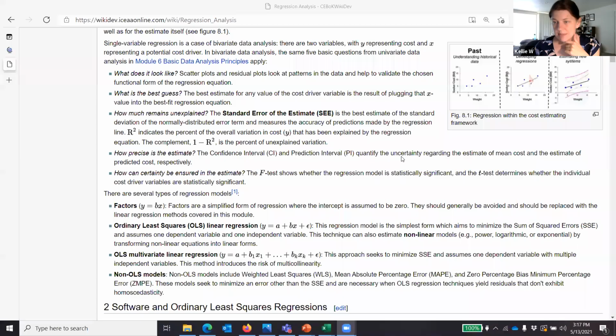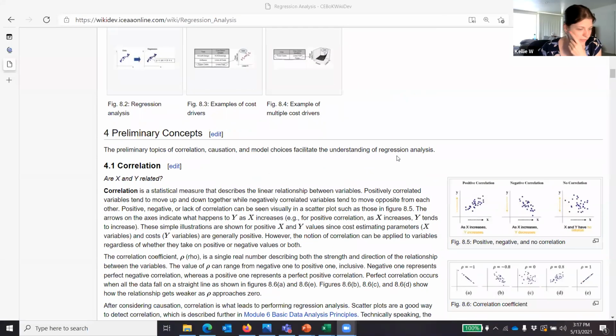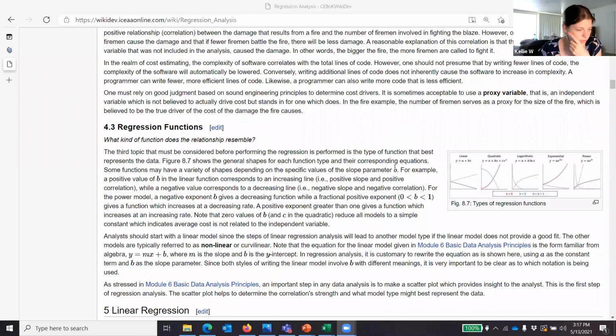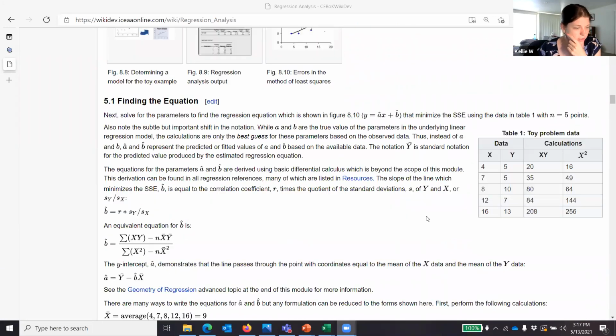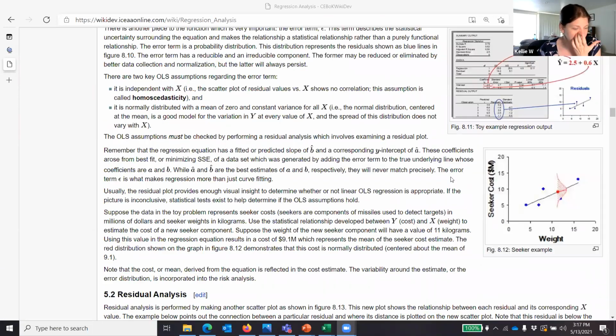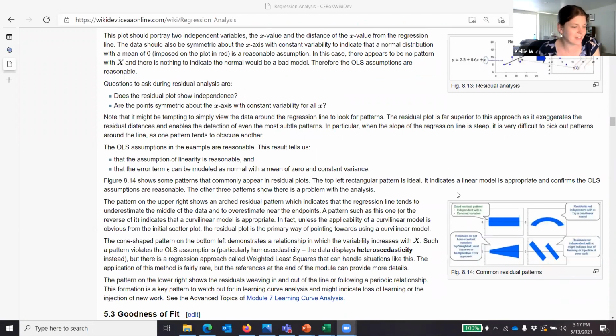There is a section on regression analysis, where we talk about the residuals and looking for patterns in the residuals. Let me share my screen one more time to reinforce this. This is the body of knowledge, which talks about correlations and interpreting the ANOVA results, and then I found it.